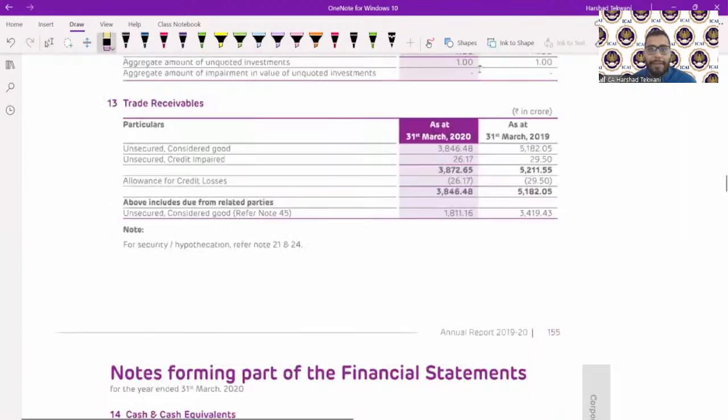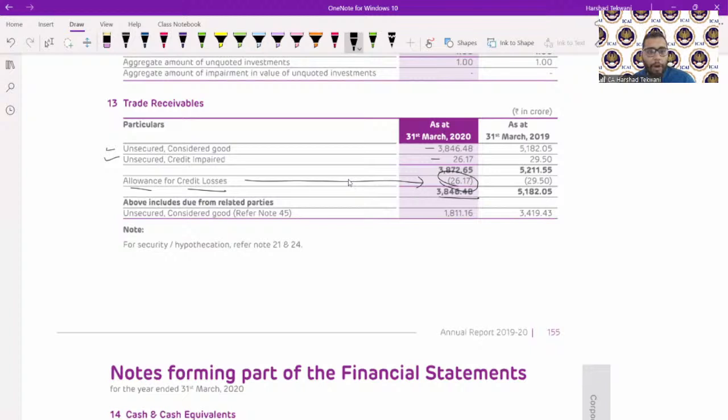For example, over here, see trade receivables. If you see unsecured considered good, unsecured credit impaired, these two numbers are given. Then they have provided the allowance for credit loss, which is related only to the unsecured, and the net number which is reported over here. So the allowance is disclosed separately for each class of trade receivable this way.